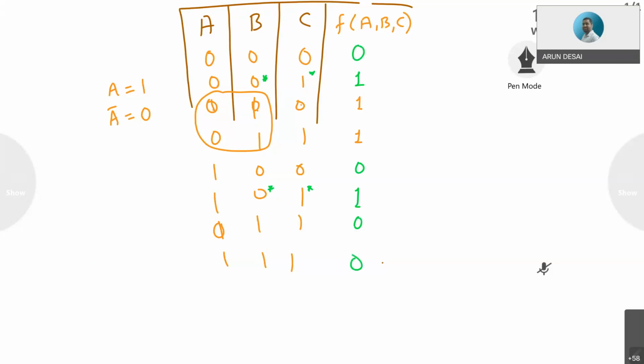This expression is true only for those values. So this is how you represent a Boolean expression in a truth table.